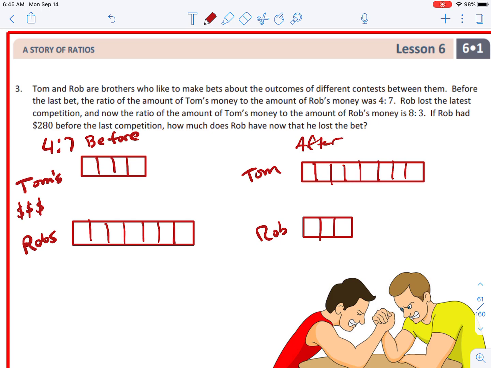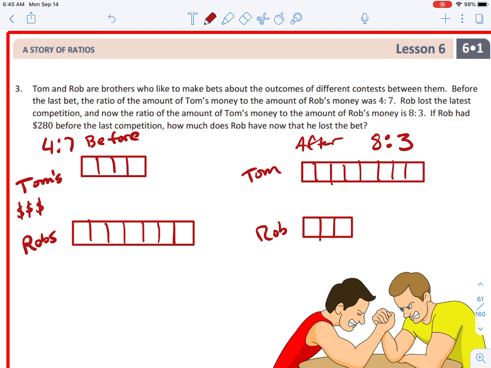If Rob had $280 before the last competition, how much does Rob have now that he lost his bet?